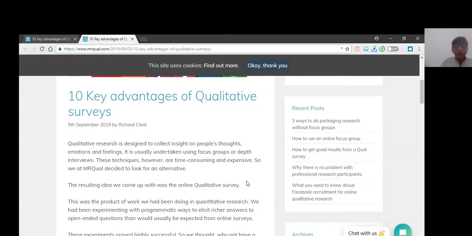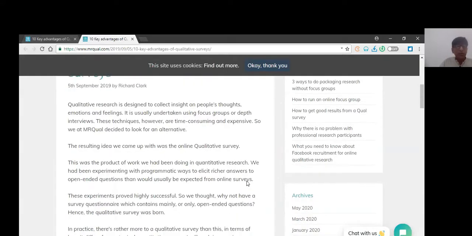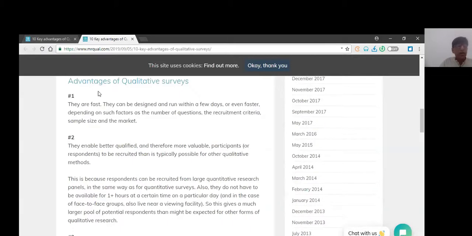Now, if you go down, you will find some of the advantages of the qualitative survey over the quantitative survey. From this point of view, you see that surveys can be qualitative in nature and quantitative in nature. If you compare the advantages of the qualitative survey with the quantitative survey, these are certain advantages possessed by the qualitative survey.